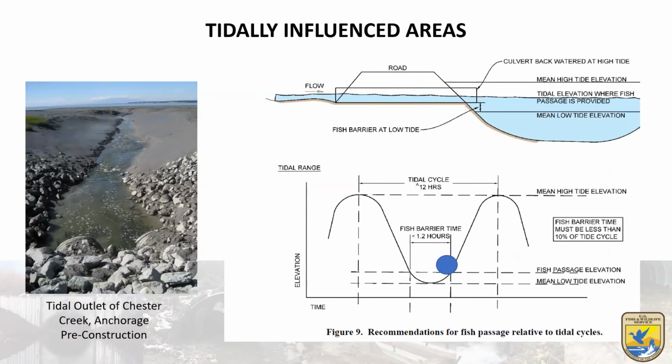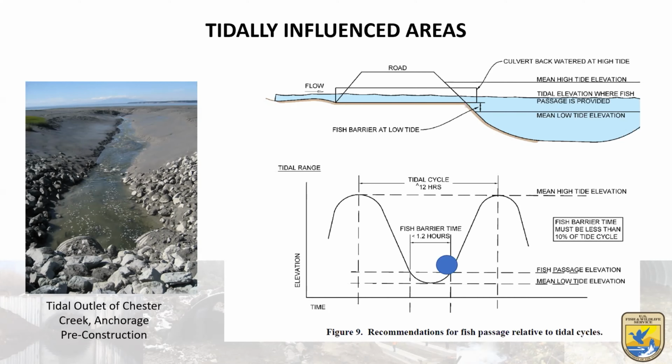Now the challenge is figuring out how to transition, but I want to do a bit of a 180 and go to the tidal areas. As we go to tidal, we can look at how we get fish passage through tidal areas. There are only a few of these out there in Alaska now.